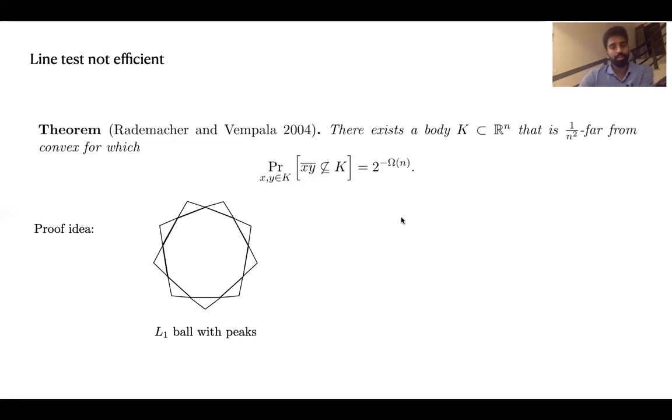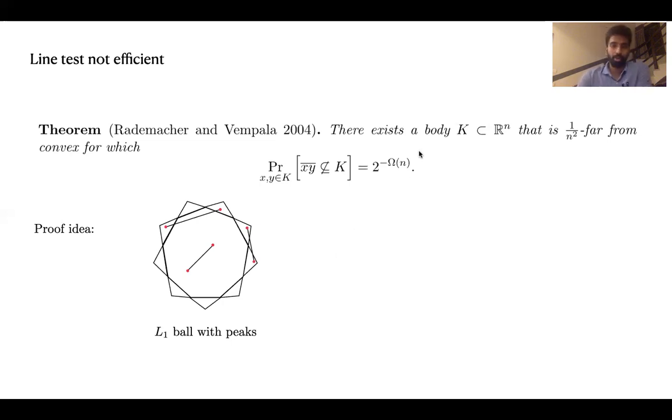And this body has the property that any 2 points you take inside the body, the line lies inside the body, except when you take 2 points from adjacent peaks, then the line goes outside the body. So if you pick 2 points uniformly at random, the probability that you get points from adjacent peaks is exponentially low. That's the reason they get this theorem.